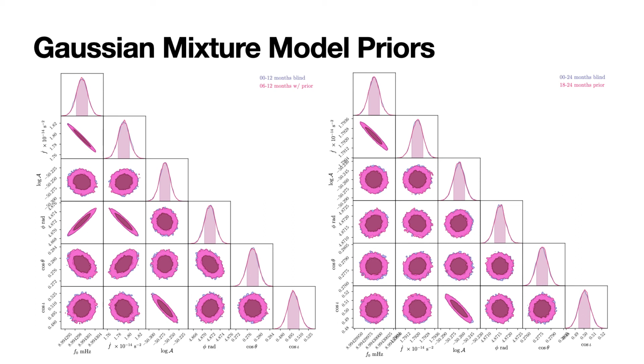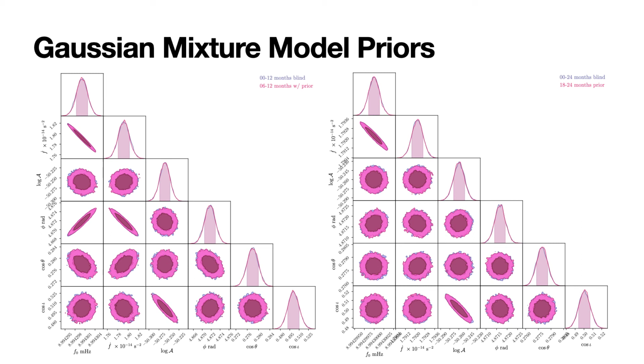So here's a demonstration of using this Gaussian mixture model prior on a simulated high-frequency galactic binary. In each of these panels, there are 2 overlaid posterior distributions taken from the galactic binary Markov chain Monte Carlo code.